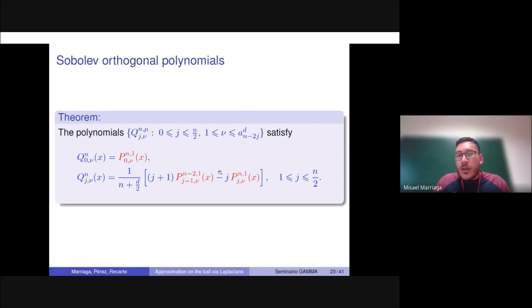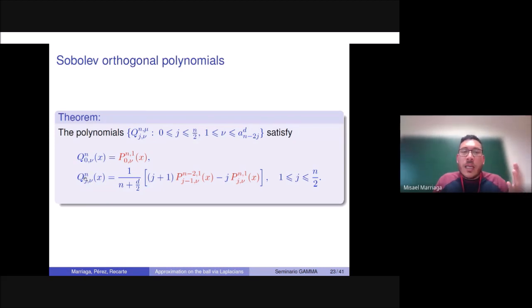And this is because of the symmetry of the ball and the fact that the inner product preserves the symmetry of the ball. Okay, it is well known that whenever you have the symmetry of the ball and an inner product that preserves the symmetry of the ball, all of the terms that appear in an orthogonal basis will have total degree of the same parity as the n over here.